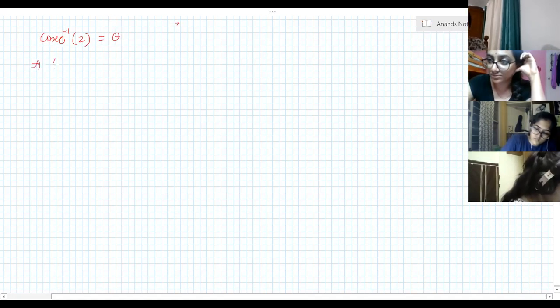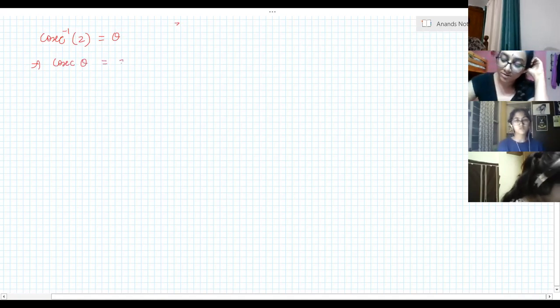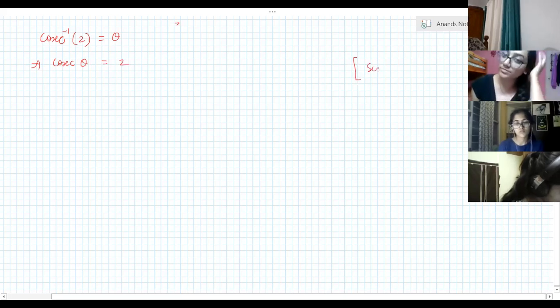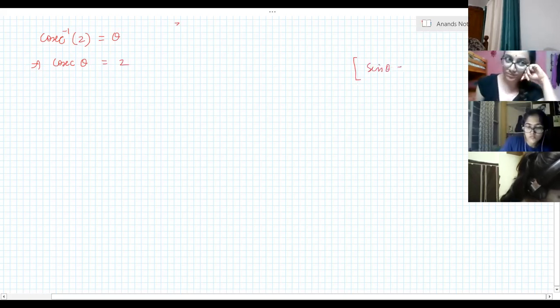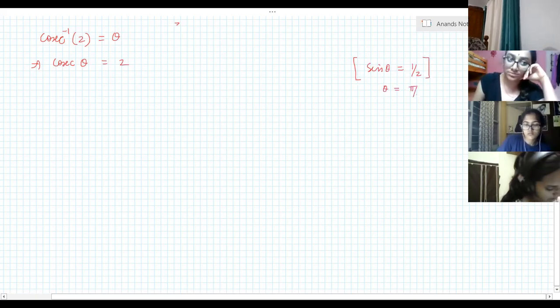That means cosecant theta should be equal to 2. If you are comfortable, convert it into sine theta side by side. That means sine theta is equal to half. That means theta should be once again pi by 6. Correct?